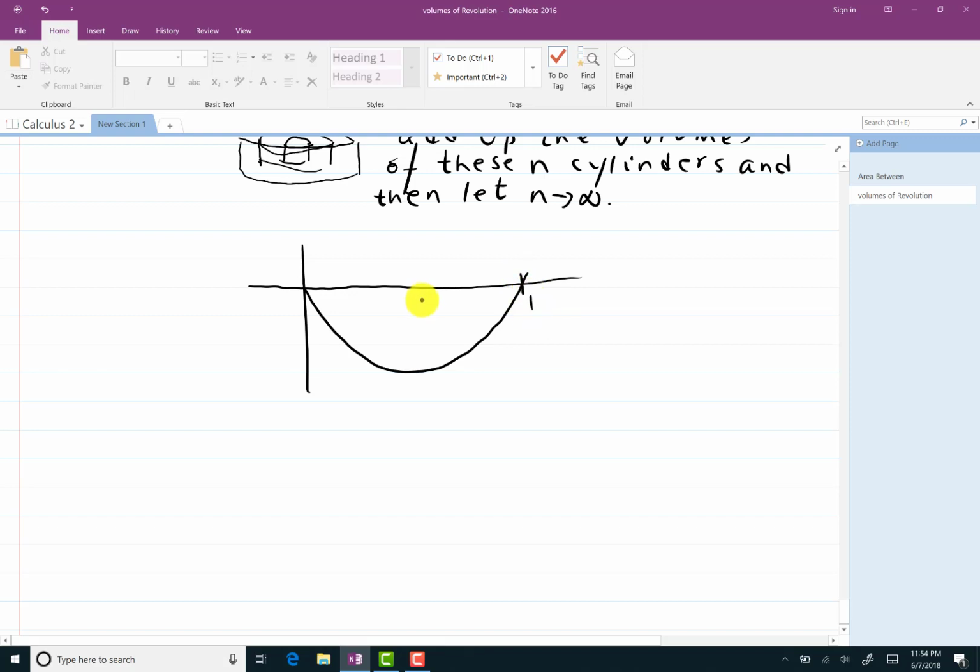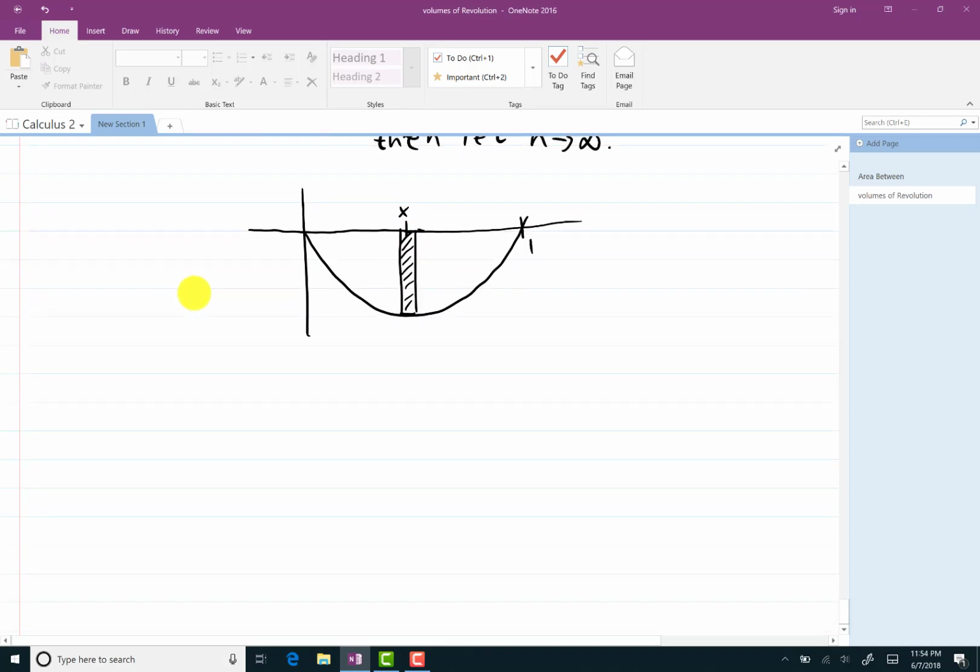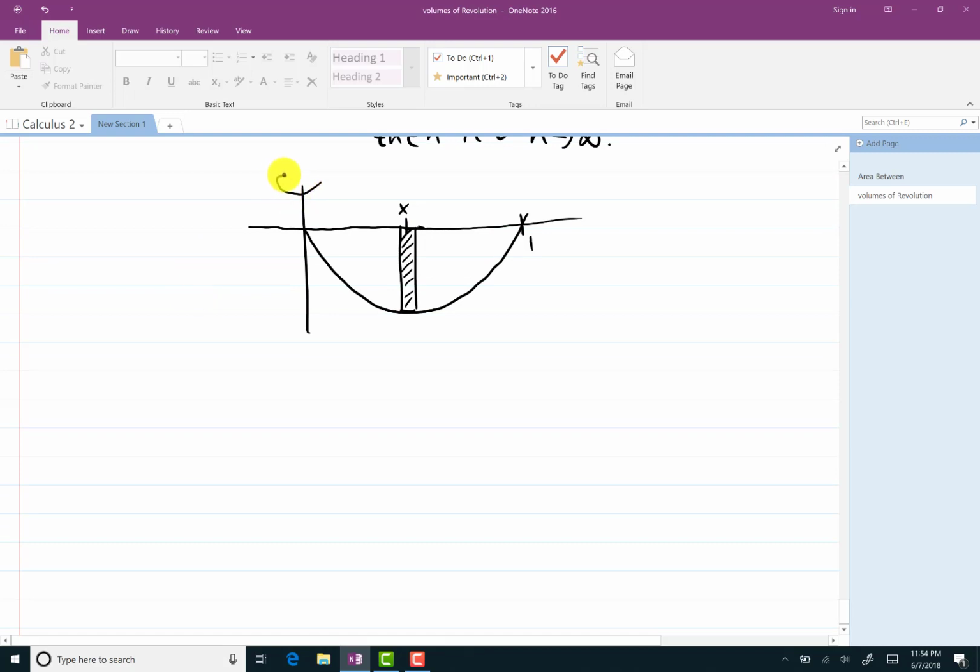What I'm going to do is consider one of these rectangles that is at x. Now, if we are revolving this around the y-axis, as I mentioned, you're going to get yourself a cylinder. So let me draw such a cylinder that you'll get.